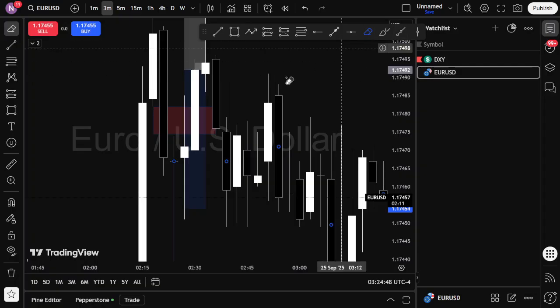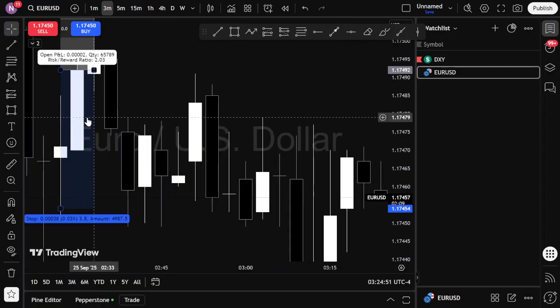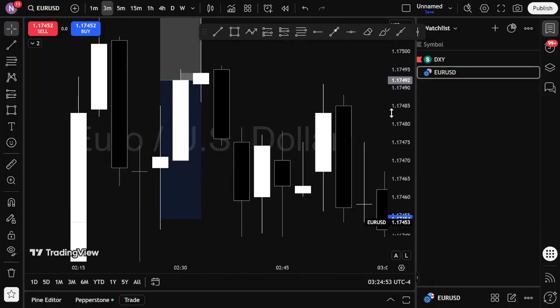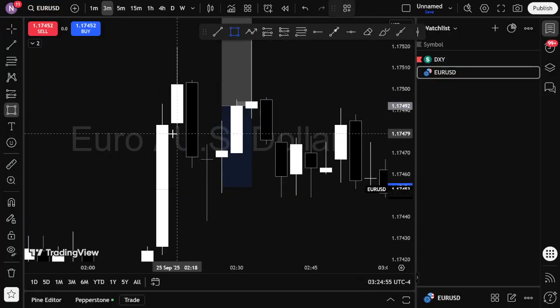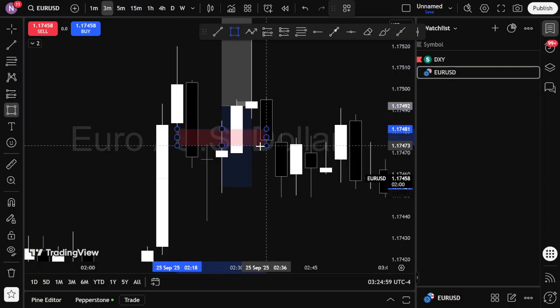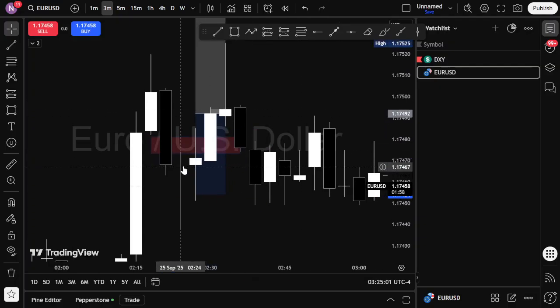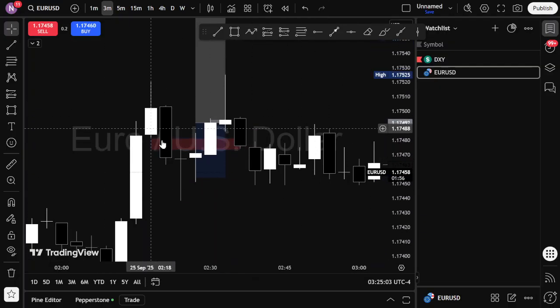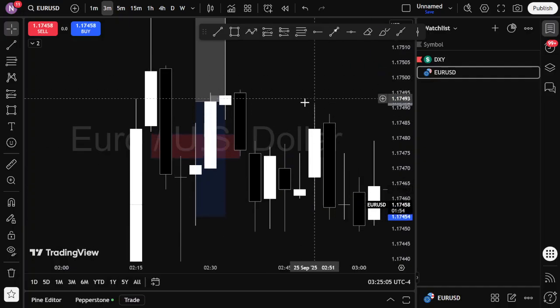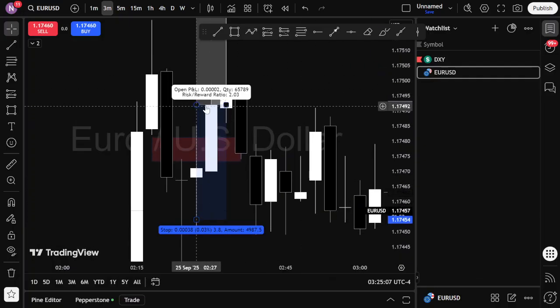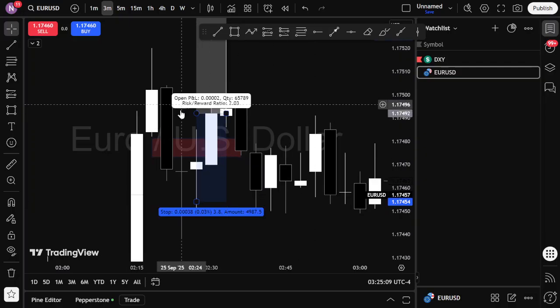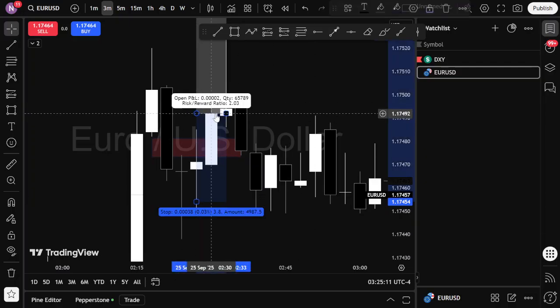You can see this. So this was the 3-minute bearish fair value gap, and I marked it out, and I was waiting for the market to inverse this bearish fair value gap. As soon as the market inversed this bearish fair value gap, I entered my trade on this candle.